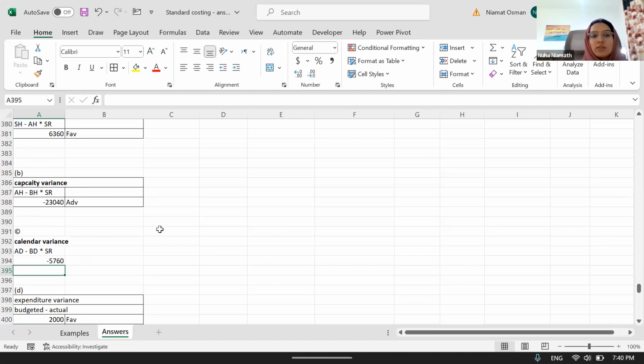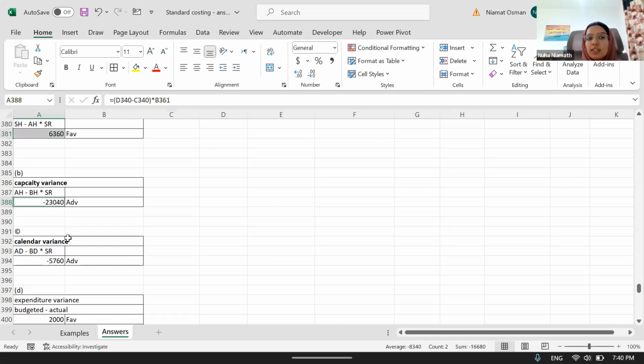That gives us 5,760. One day difference. So what do you think? Is this adverse or favorable? Adverse, correct. Because we have used a lesser number of days. We could have used 25 days, but we have used only 24 days. So remember, the logic behind capacity variance and calendar variance is the same. Everybody clear?